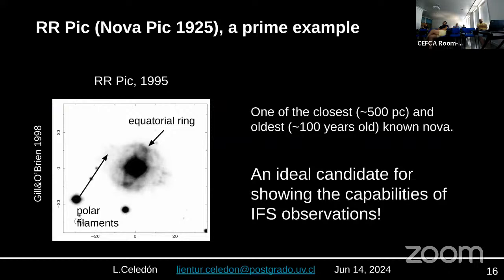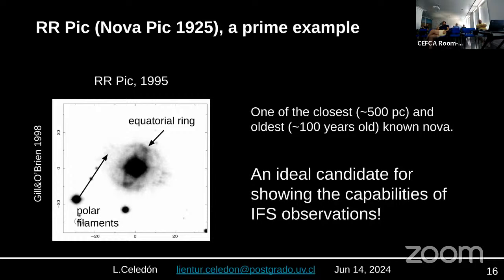So our project consists of observations of several nova shells with this instrument, MUSE. Because we are interested in the evolution of the systems, we, by which I mean Linda and me, started a project to observe several nova shells that were already imaged many years ago. A nice example of this is RR Pic.